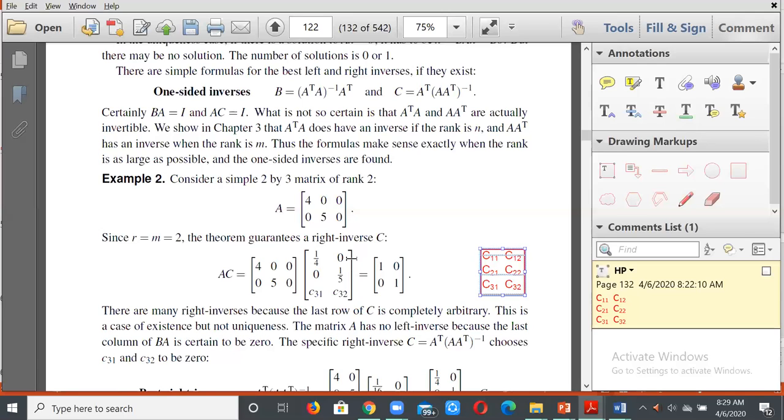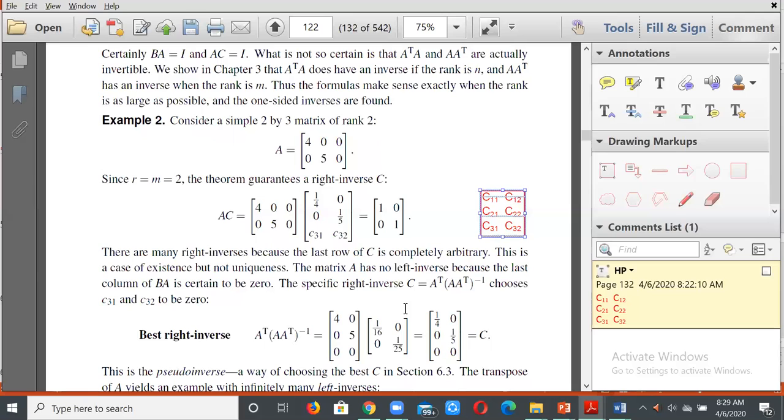However, we can make the last row equal to 0 for a specific value of C, which will be calculated from the formula over here. That best right inverse C can be written as A transpose times the inverse of A A transpose.